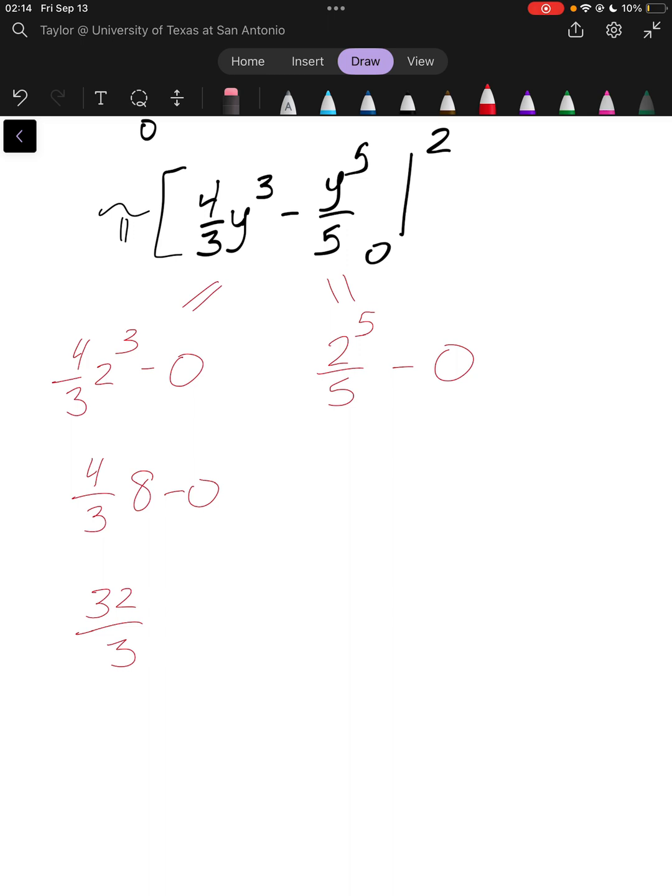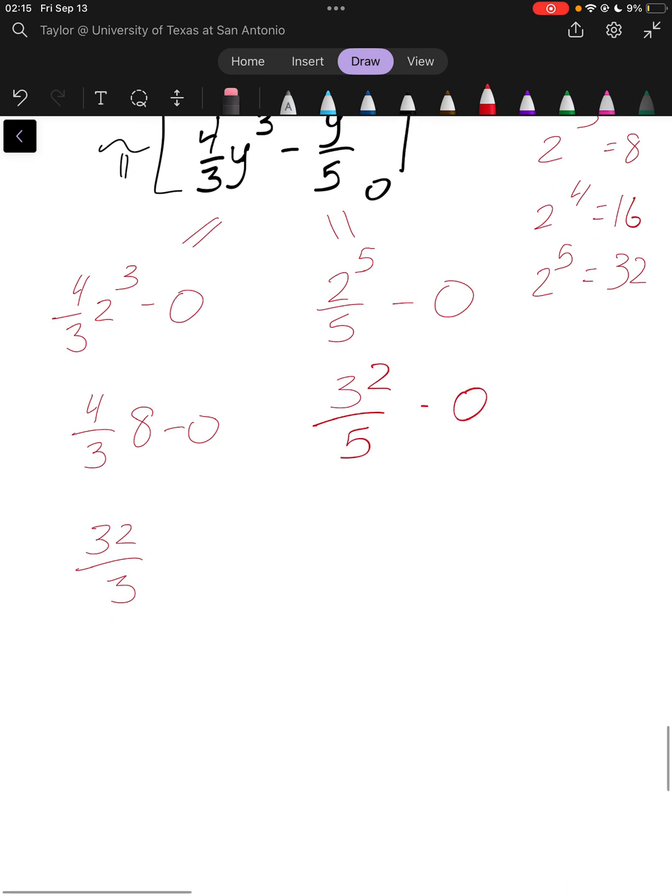And then here, I know that 2 cubed is 8, so then times 2 is 16, times 2 is 32. So I get 32 over 5 minus 0. Cool. Giving me 32 over 5.